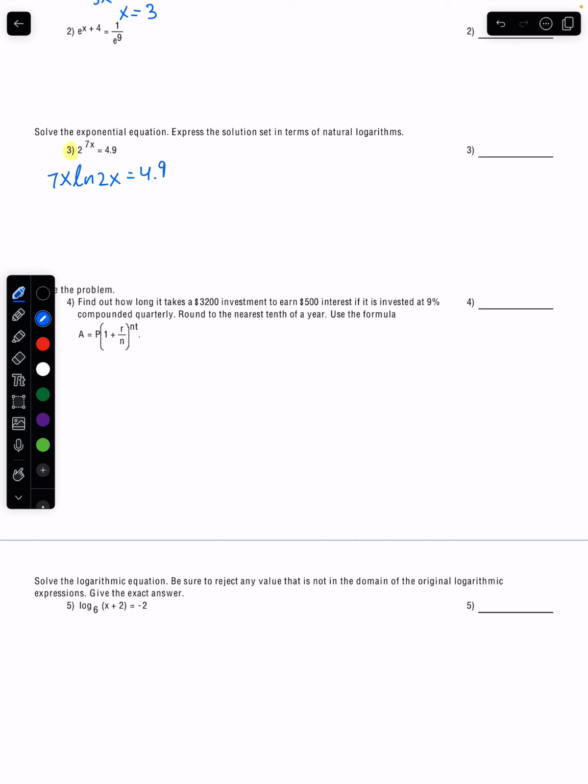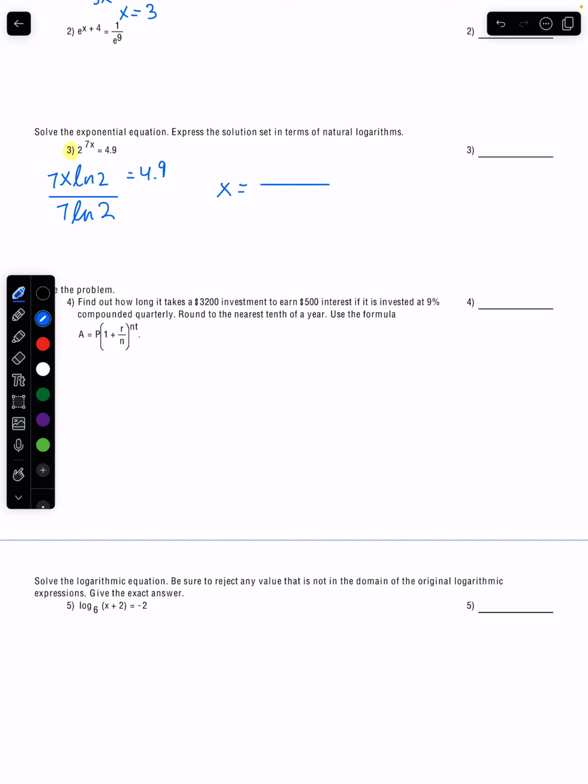Then let's divide both sides by 7 ln 2. This is actually not supposed to be 2x, just supposed to be 2. And what that will leave us with is x, so just x on our left side is our goal.